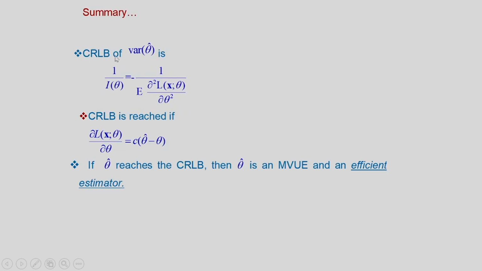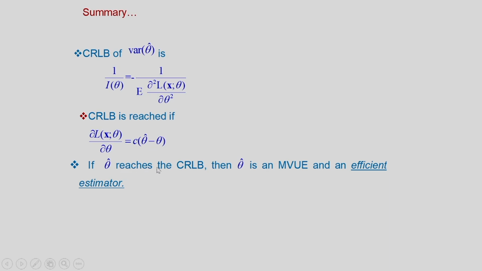Thus the CRLB, the Cramer-Rao lower bound of the variance of theta hat, is 1 by I theta, that is the bound, and that is equal to minus 1 by the expected value of del 2 L del theta square. CRLB is reached if the partial derivative of the log likelihood function is a product of C and (theta hat minus theta), where C is a constant.